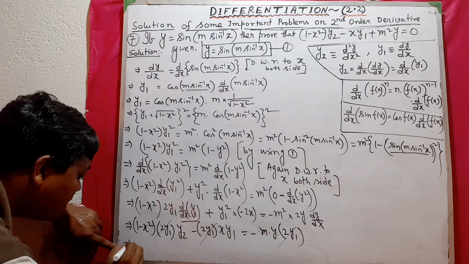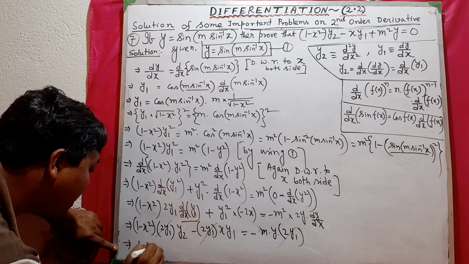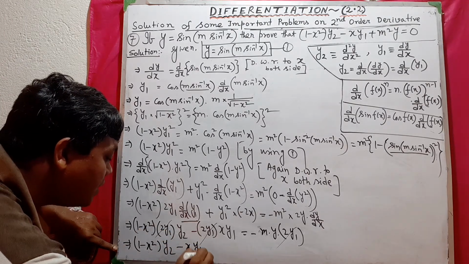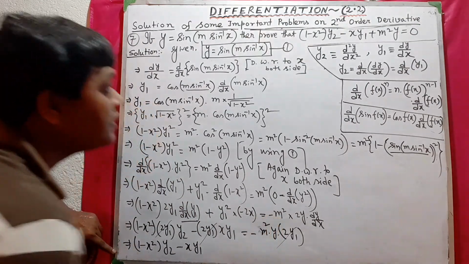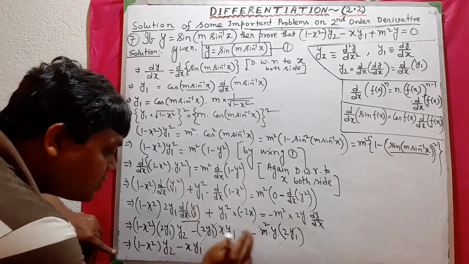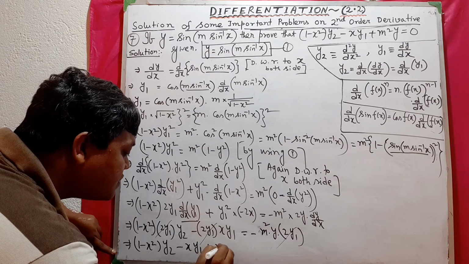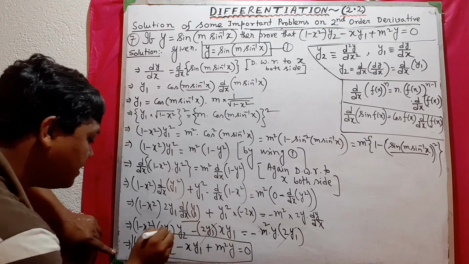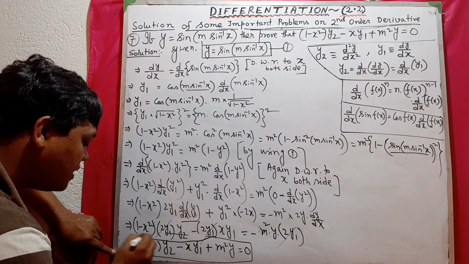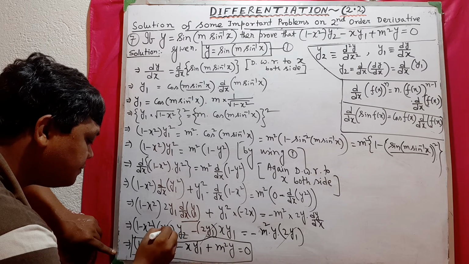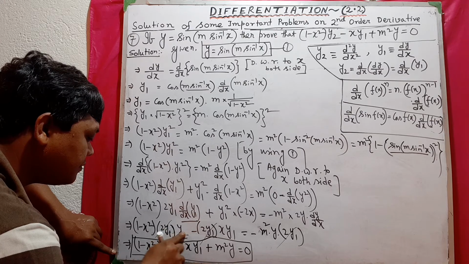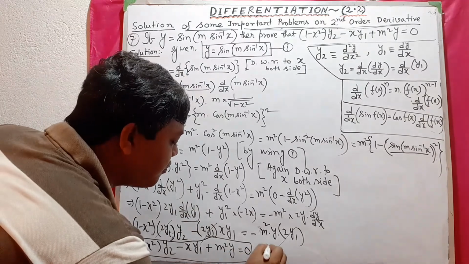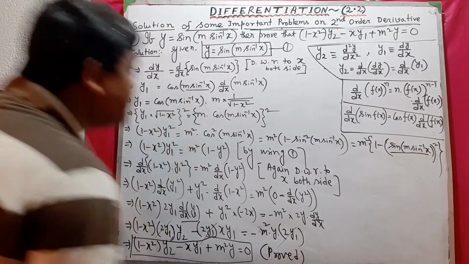So we get 1 minus x square into y2 minus x y1 minus m square y. If I take this to the left hand side, then plus m square y equals 0. So this is our required result, and hence proved. So what we were asked to prove, we have been able to prove. Clear?